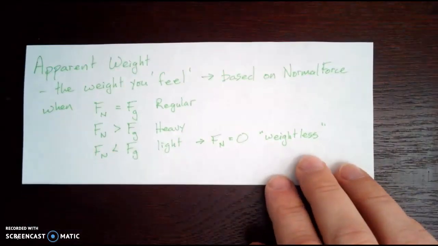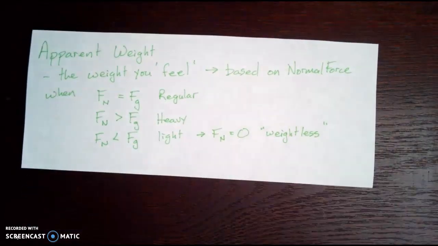and that's apparent weight. If we were rolling through this loop, we would feel our weight different. Or if we were on a roller coaster, we would feel our weight appear to change. Apparent weight is the weight you feel, and that's going to be based on the normal force. When we're just sitting around or standing around, our normal force is usually equal to our weight, our force of gravity. So that's our regular feeling.